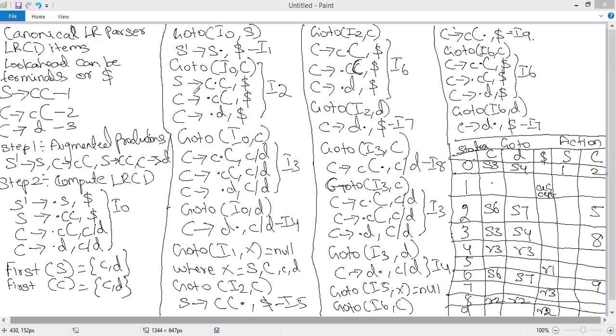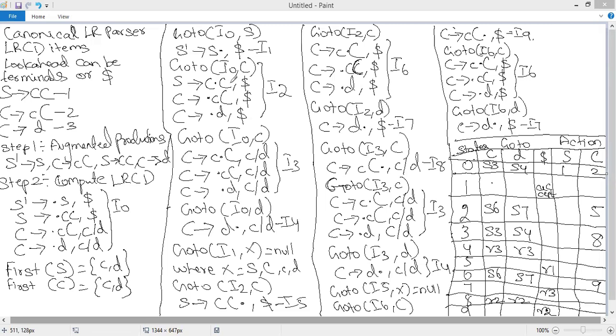So go to of I naught comma C means non-terminal C. It will become S tends to C dot C comma, initially it has dollar, so mention it as it is. Now after this dot non-terminal C is there. Non-terminal C tends to dot terminal C non-terminal C comma. How this look ahead symbol came is, after this is the parent production rule. When this dot has been moved one position to the right hand side, now the dot will be here.